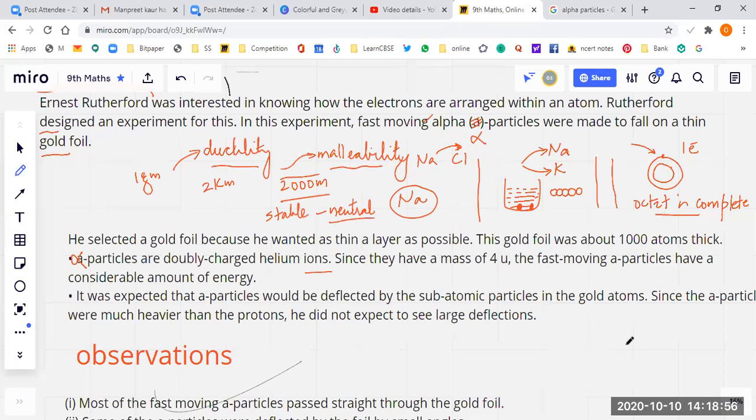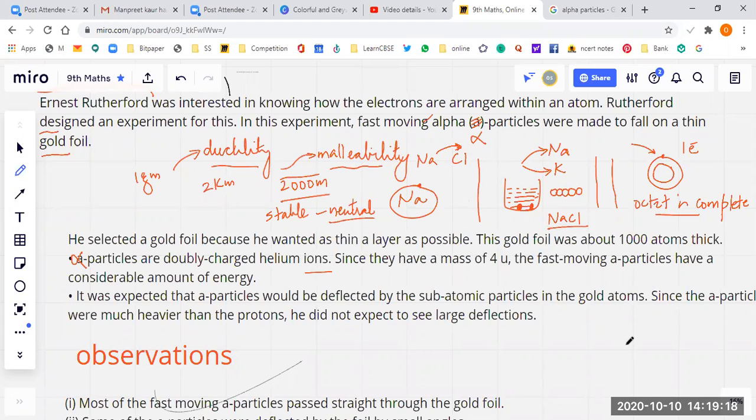Now, obviously, suppose sodium is there. Sodium wants to complete the octet. In the urge to complete the octet, it will react with chlorine and ultimately make our namak, salt, NaCl, sodium chloride.